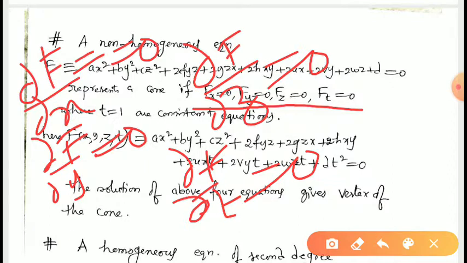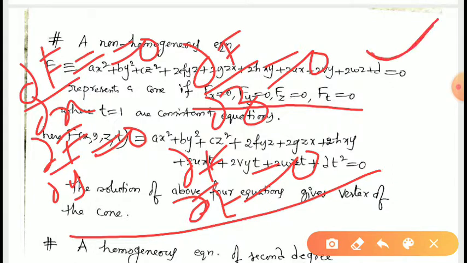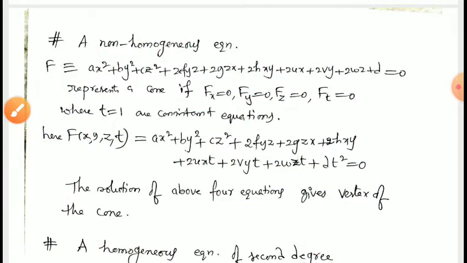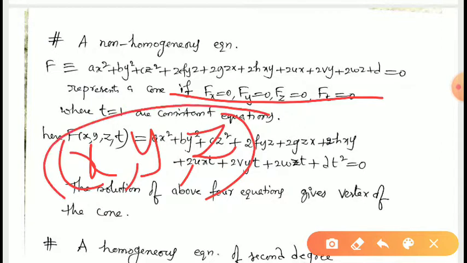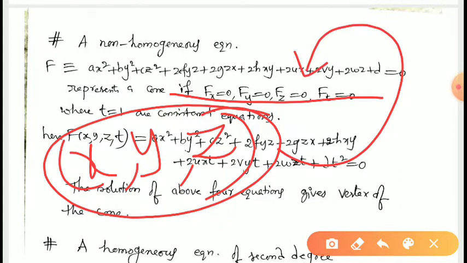If these four equations are consistent, that means if these four equations have a unique solution, then this equation represents a cone, and the solution x, y, z of these four equations gives the vertex of the cone represented by this non-homogeneous equation.